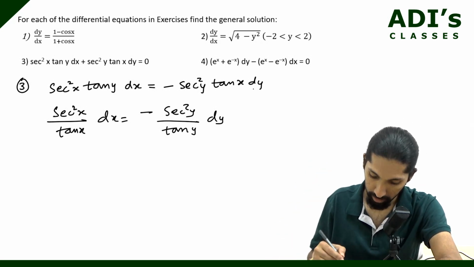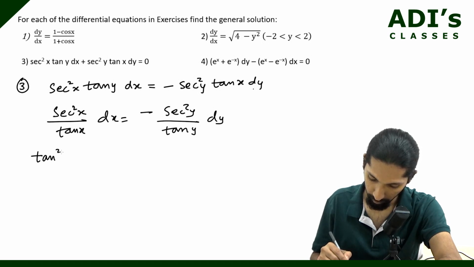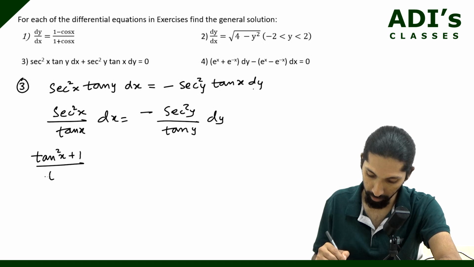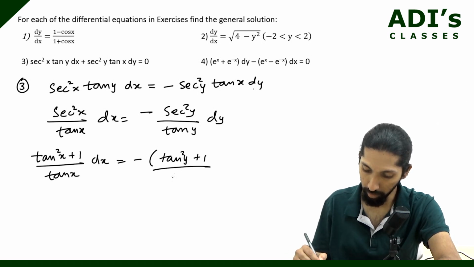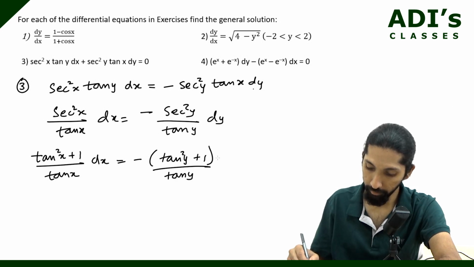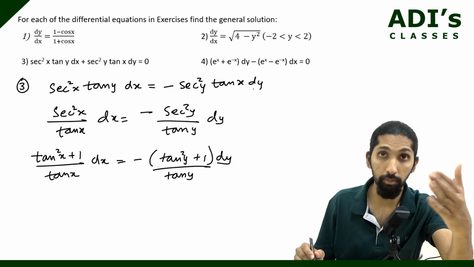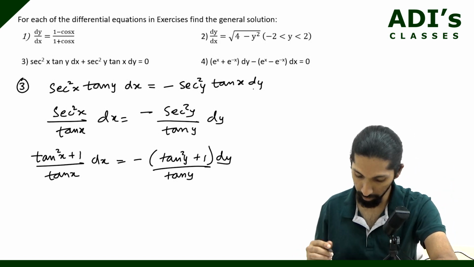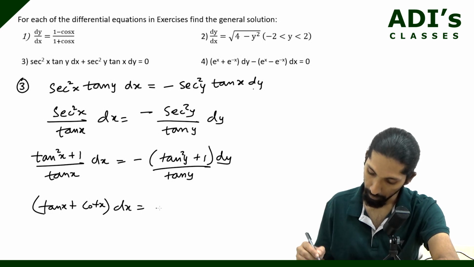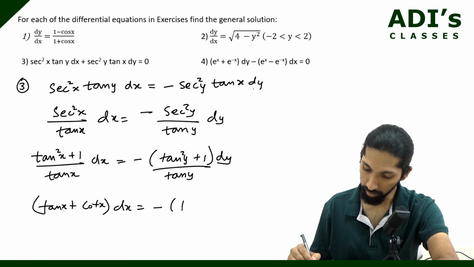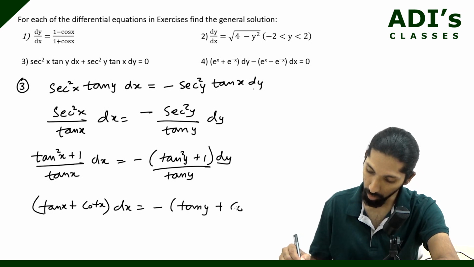So you can write this as 1 plus tan square x divided by tan x dx minus tan square y plus 1 divided by tan y dy. Now individually divide. If you individually divide, you're going to get tan x plus cot x dx minus tan y plus cot y dy.